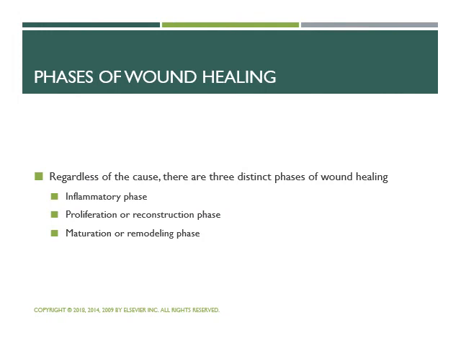How do wounds heal? Wounds heal through phases. Regardless of the cause of the injury or the wound, there are 3 distinct phases of wound healing. Inflammation, proliferation, and maturation are the phases of wound healing.